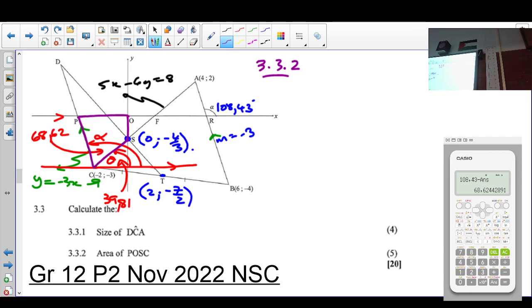Remember in paper 1 I said there's two points where I asked you to calculate shapes. Here's the second one. So what you should note here is that I can divide the shape and get the area of POSC to be equal to the area of triangle POS plus the area of triangle PSC.